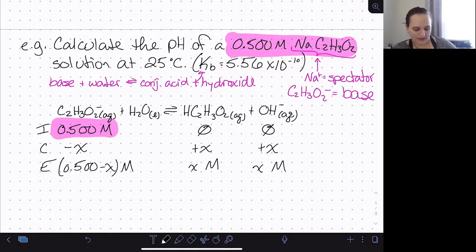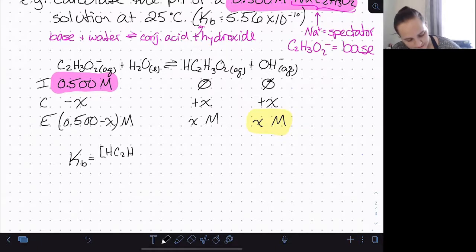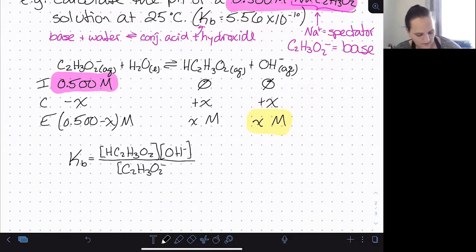So to calculate our pH, the hydroxide concentration is what we need to get from this equilibrium calculation. As usual, we can plug into our equilibrium expression. For Kb, that's always the conjugate acid, which is acetic acid here, times hydroxide in our numerator, and then just our base in the denominator.